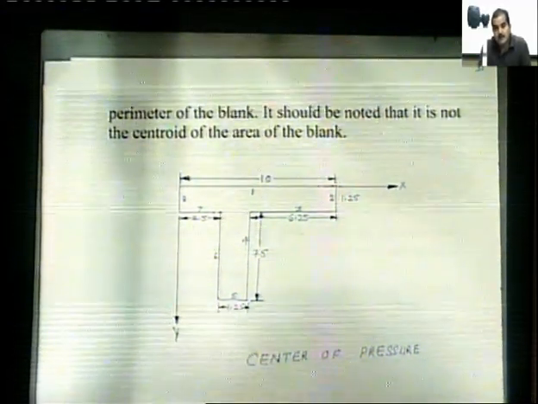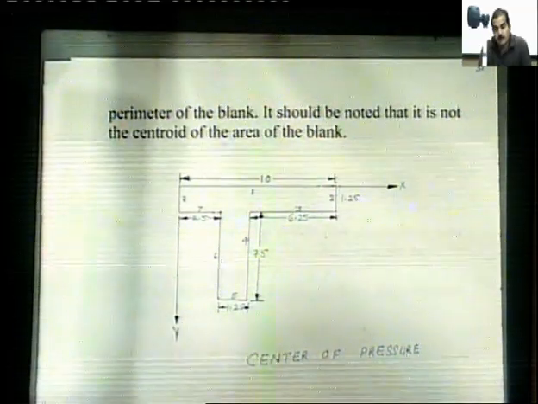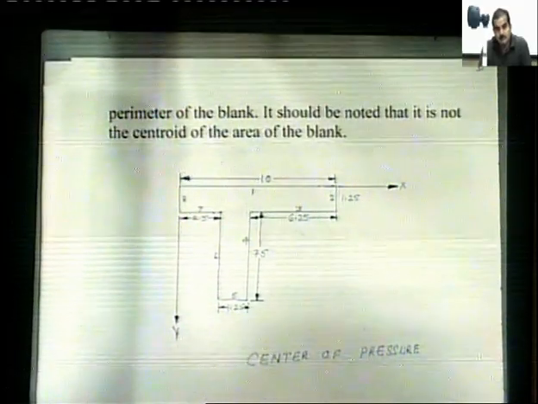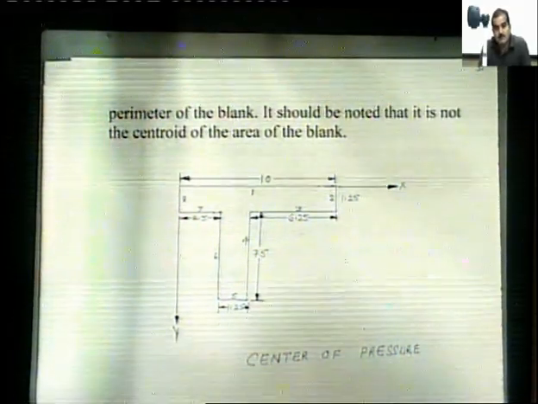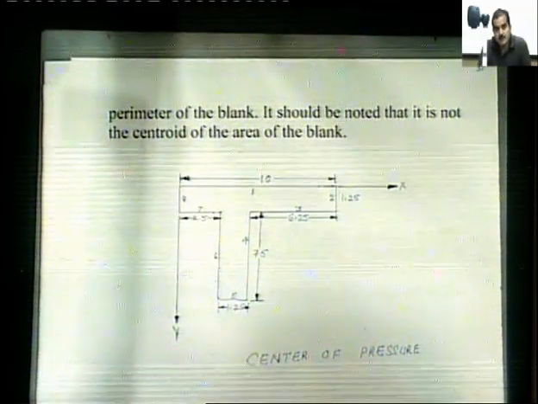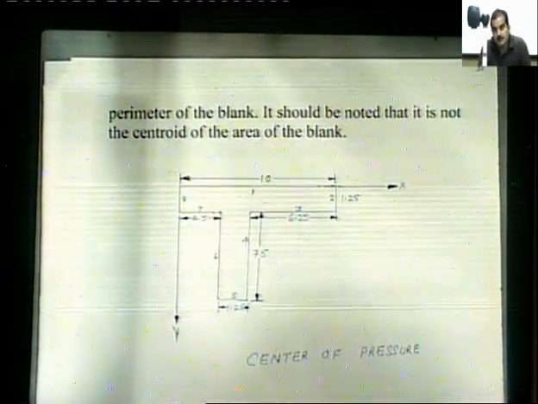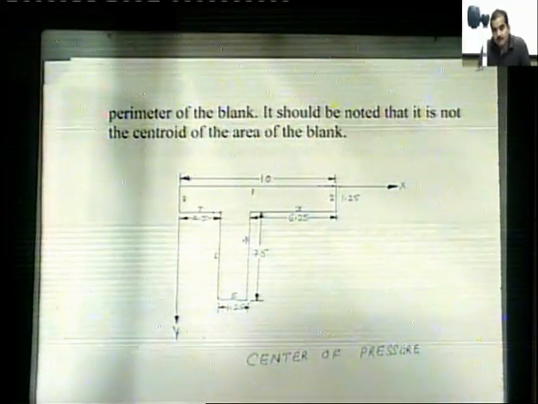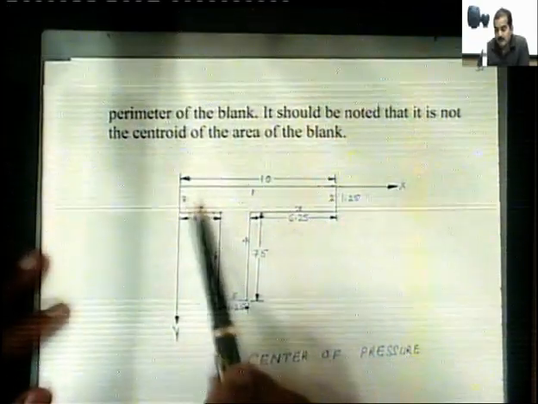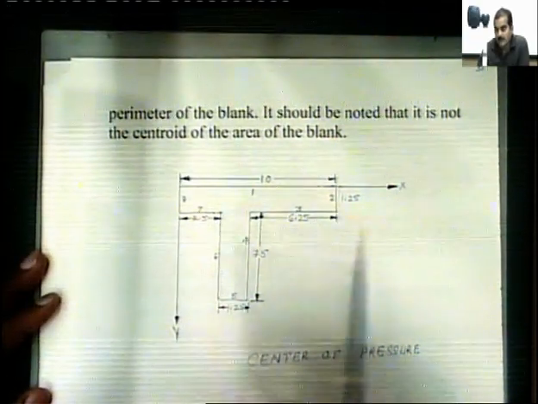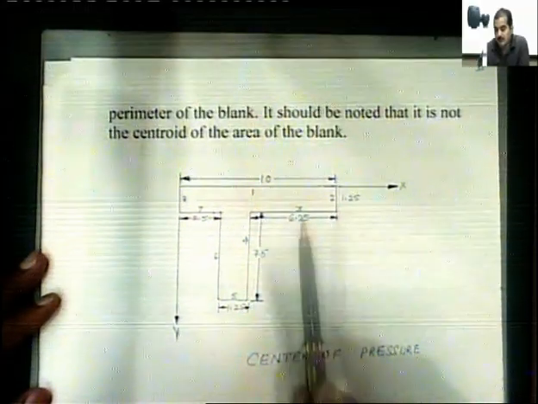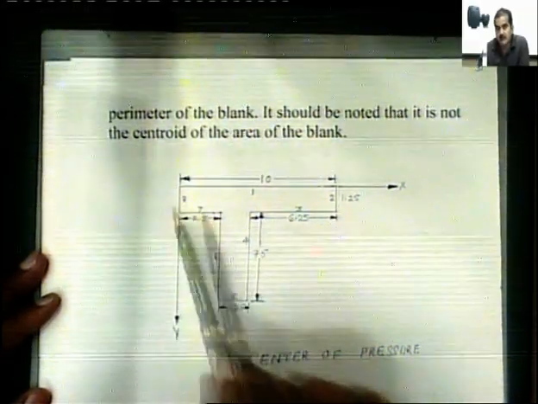Now, a figure is shown on your monitor. It is a workpiece which is not symmetrical in shape. Now, we have to find out its center of pressure. What we do, first of all, we lay out the workpiece, then this workpiece is divided into line segments, like first segment, second, third, fourth, fifth, sixth, seventh and eighth.